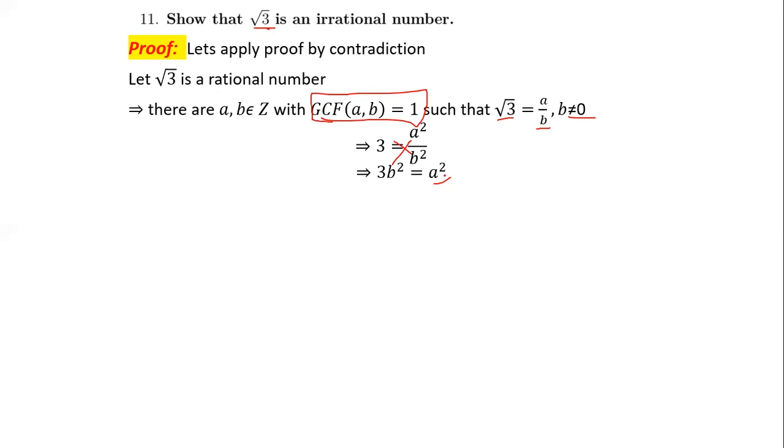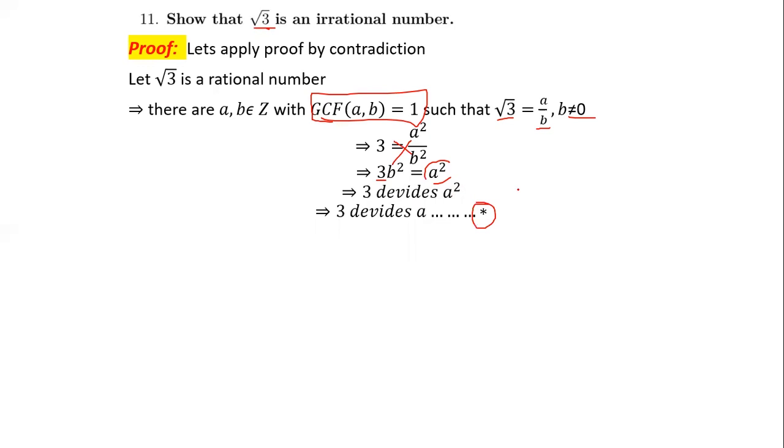So from this expression we can clearly see that a square is a multiple of 3, or 3 is a factor of a square. If 3 divides a square, a itself is a multiple of 3, so 3 divides a.